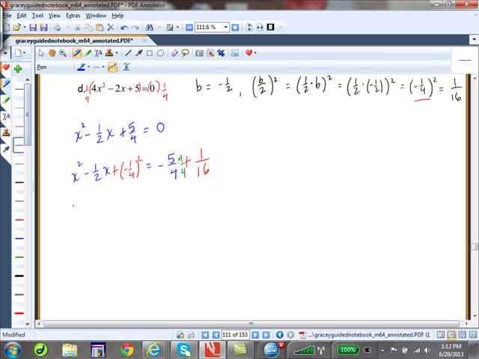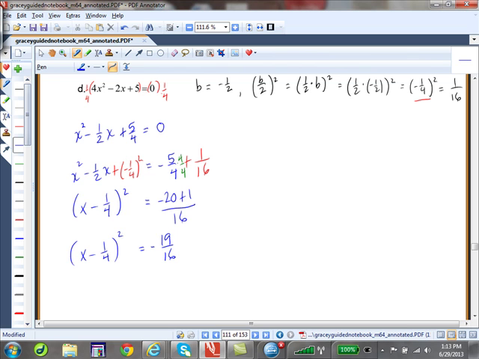On this side we'll have x minus a quarter squared equals, do you see we'll get negative 20 plus 1 all over 16? So we'll have x minus a quarter squared is equal to negative 19/16.